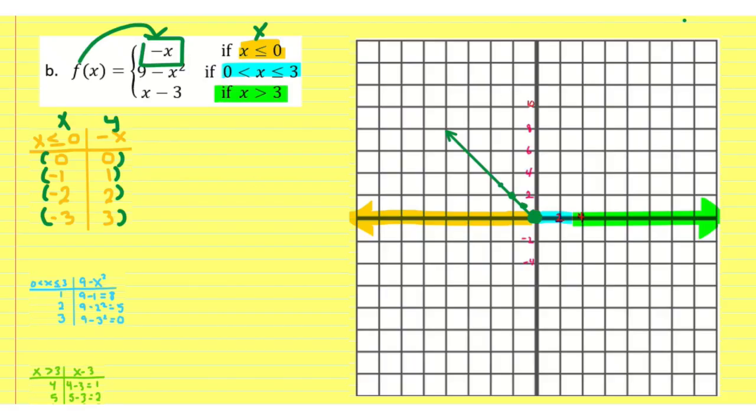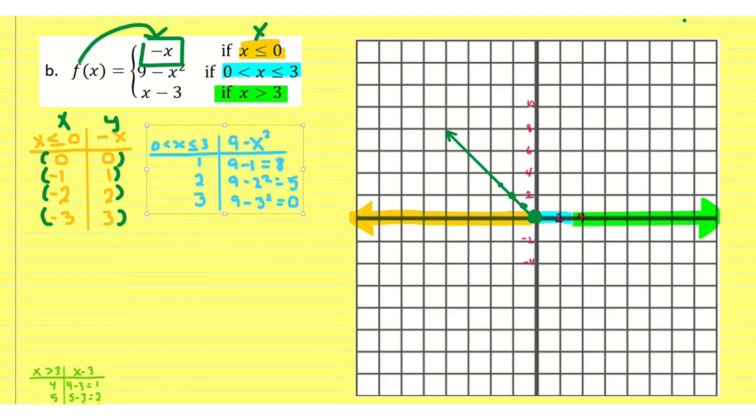Okay, and then the next part, I'm going to, again, put the restriction as the x value, and the 9 minus x squared will produce the function value, because the y is the function value, and it produces points of 1 and 8, 2 and 5, and 3 and 0.